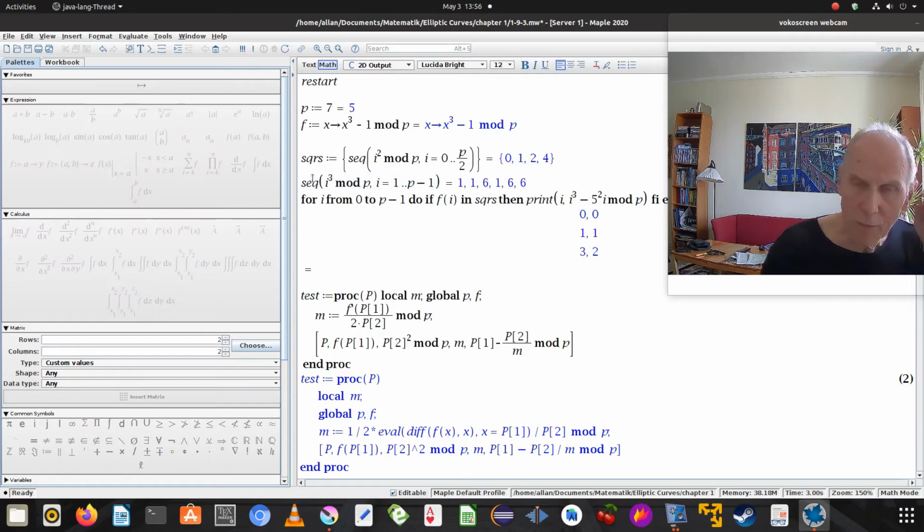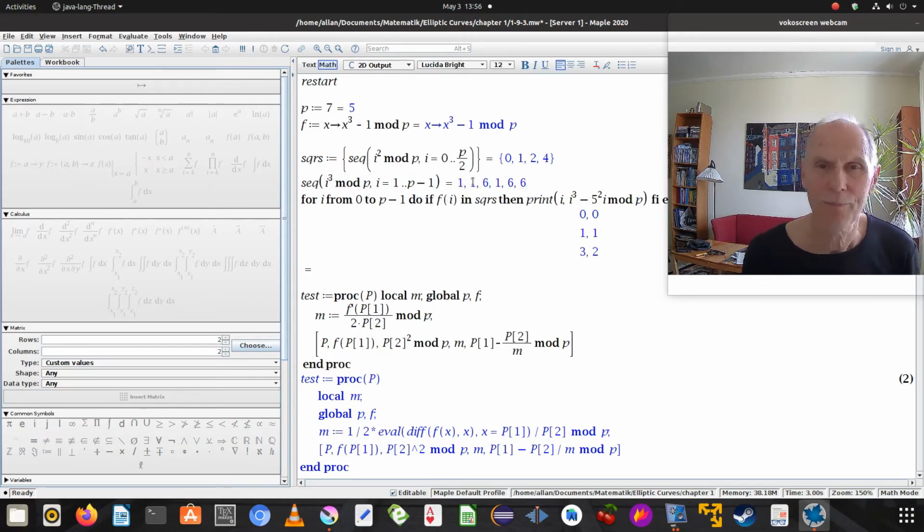Now we get the multiplicity, and one unity. There are 3 cubic roots of unity, and of minus 1 as well. All right. Strange confusion.